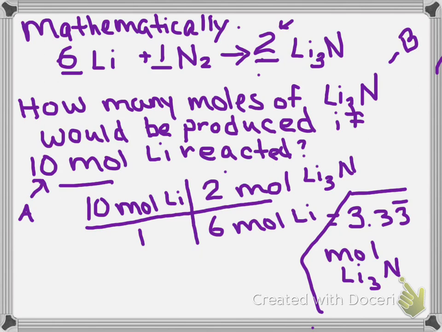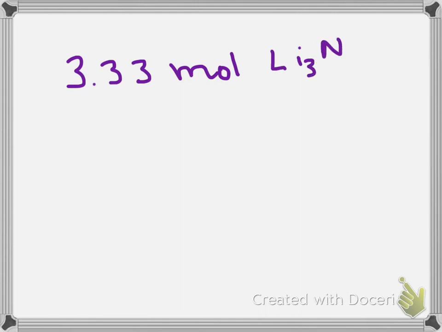If we had 10 moles of lithium, our reaction would stop after 3.33 moles was made. So let's write this down. After 3.33 moles of lithium nitride were made, the reaction would stop.